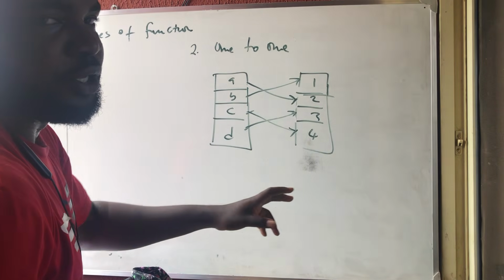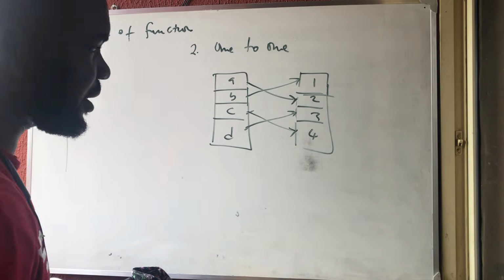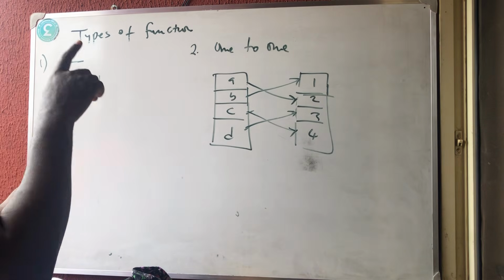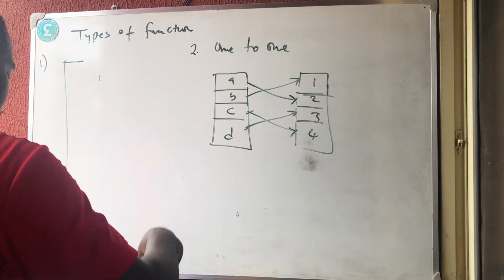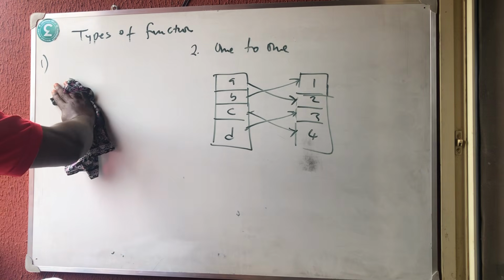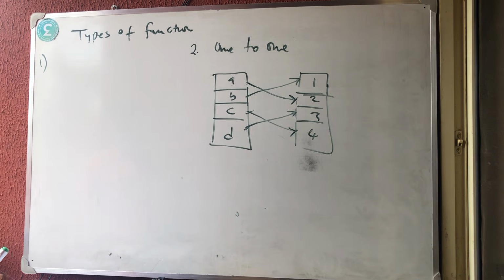B will produce B. So they are just producing one single thing. So every identity function is equally what? 1 to 1. Yes, every identity function is equally 1 to 1.